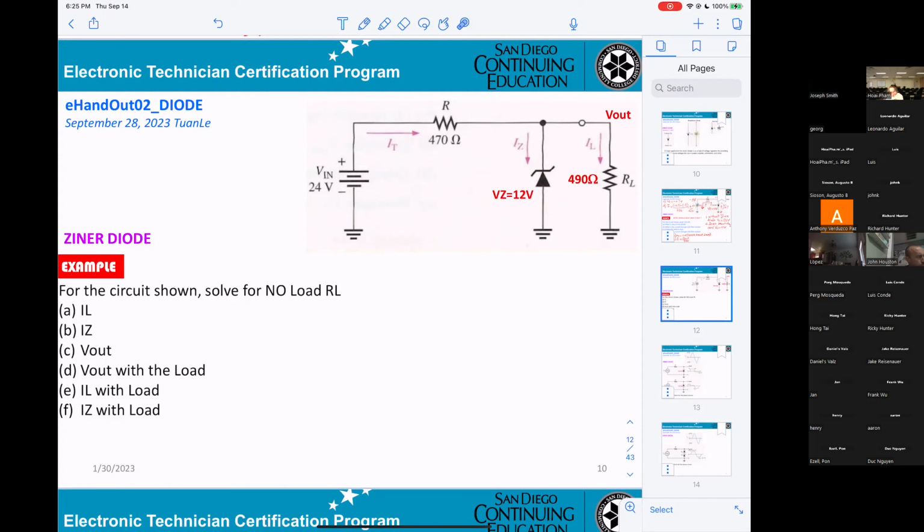Okay, first thing they say, no load. You don't have any load here. And they want to know IL. IL means the current flowing here. That means they remove that. What does IL equal?